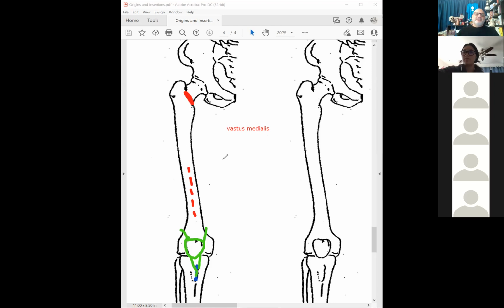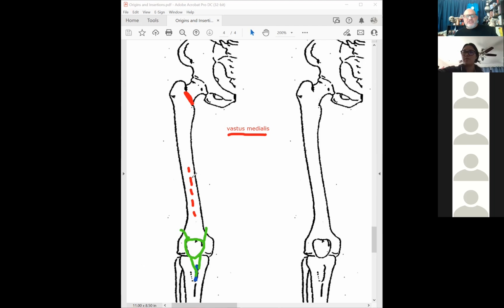Notice this is considered an anterior muscle group because of the effect that it has on the knee. All its tendons come into the front of the body and go through the front of the knee. So it's considered an anterior muscle group. But notice, as its name indicates, and as we'll see from the pictures, it really is on the medial part of the leg. And we see that with its origin.